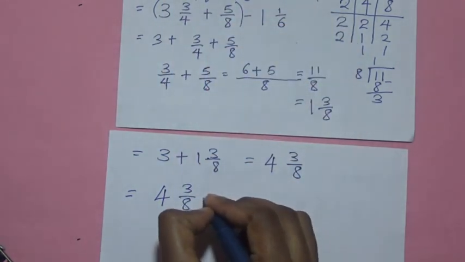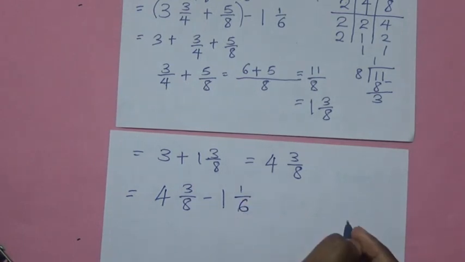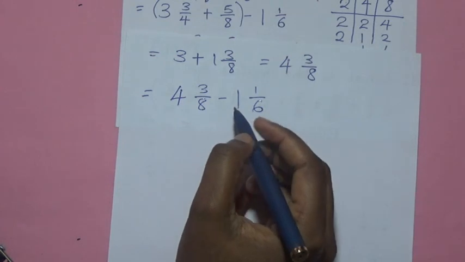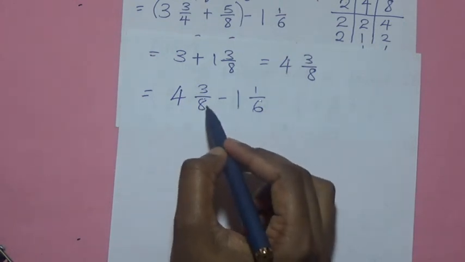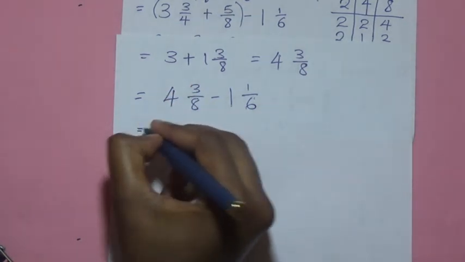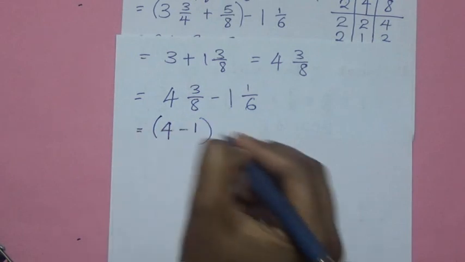We subtract 1 and 1 over 6. Okay? So we do the same. We separate the whole numbers from the fractions. It will be 4, you subtract 1, which are the whole numbers.